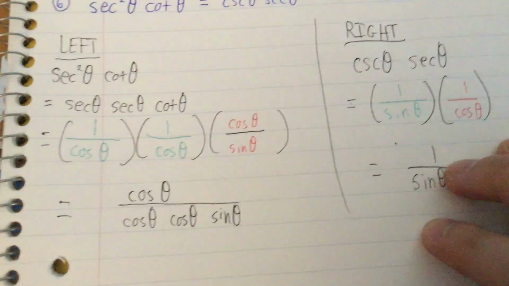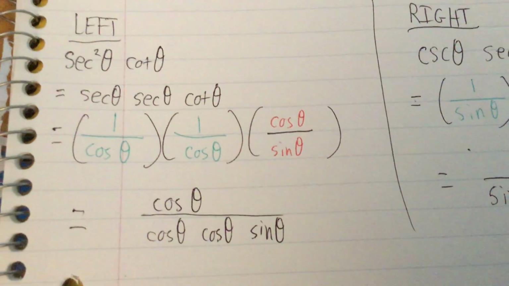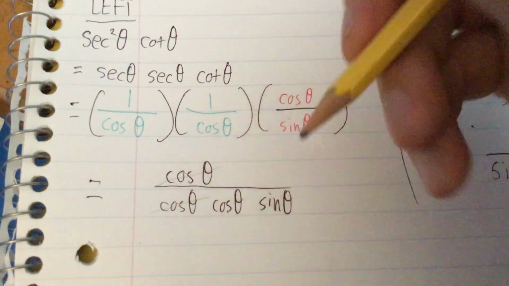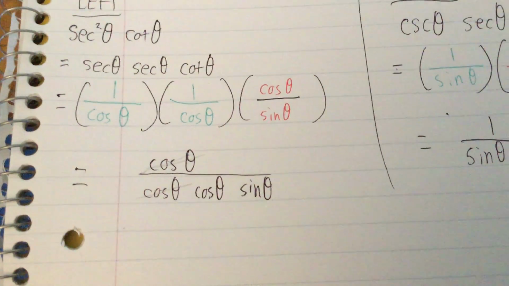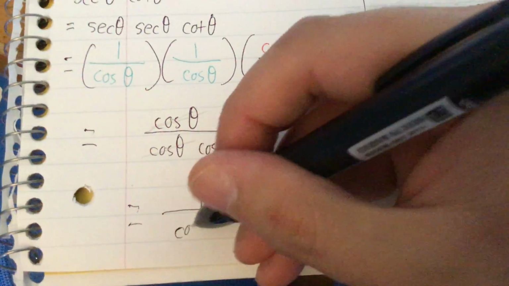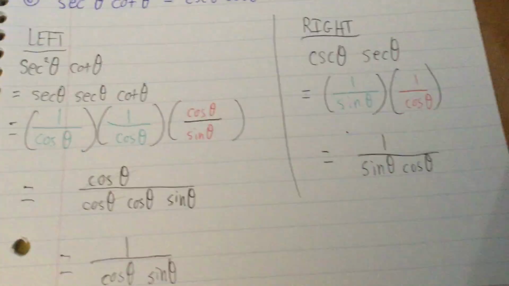Okay, can anything cancel out? Yeah, a cosine on the top and a cosine on the bottom. So that leaves me with 1 on the top and cosine times sine on the bottom. And I'm not so hardcore.